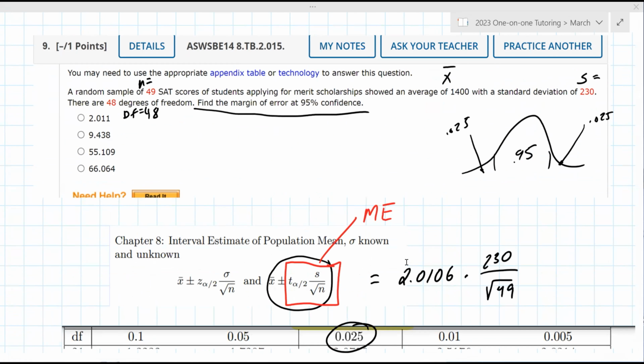And what about the 2.0106? Can you multiply that all out for us, please? Oh yeah. 66.062. All right, so close enough. Notice it's really close, maybe off by the last decimal place, but pretty close.